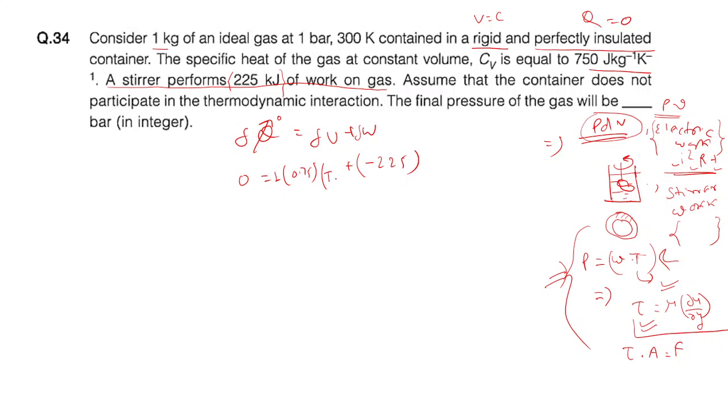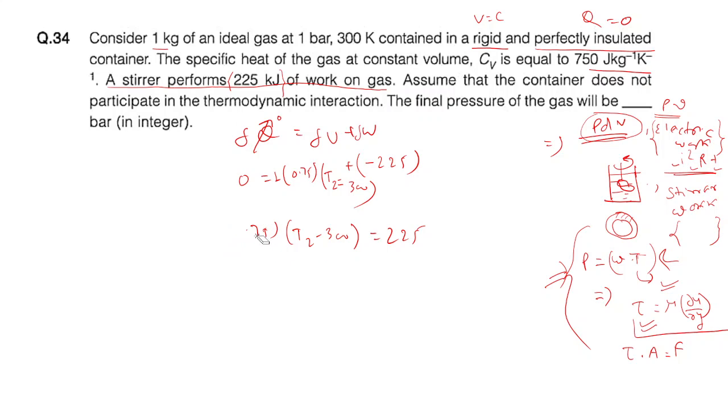And delta T will be T2 minus T1. T1 we know, T1 is 300, we can put 300. So here we can find T2, right? 0.75 times T2 minus 300 is equal to 225.